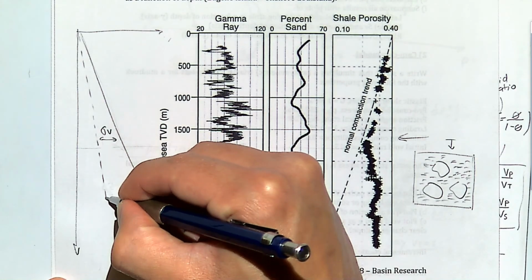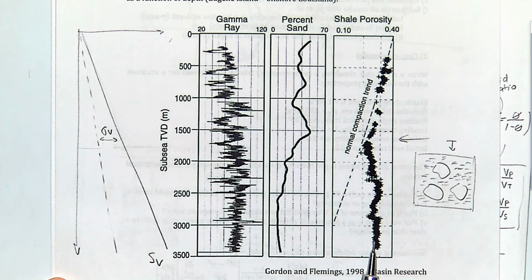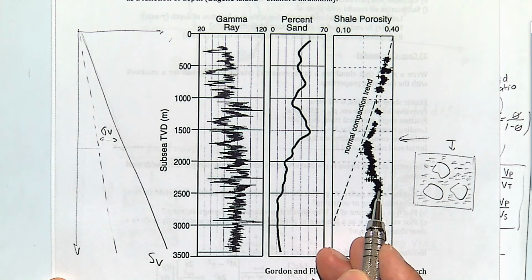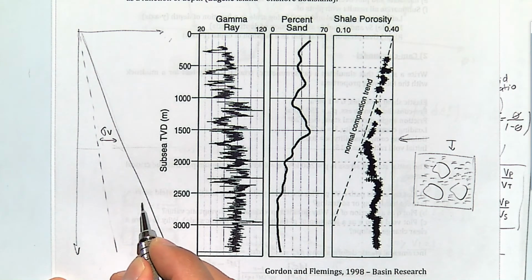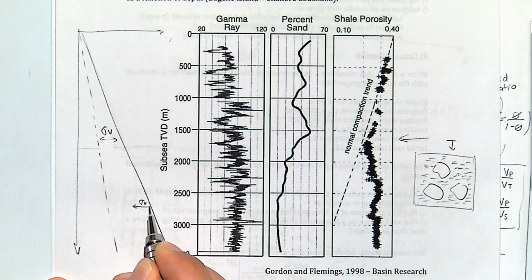But as you get to this point, the effective stress doesn't seem to increase anymore. Even it appears to decrease a little bit. So what that means is that if effective stress is not increasing, for example, at this point, effective stress probably is something like here, over there.